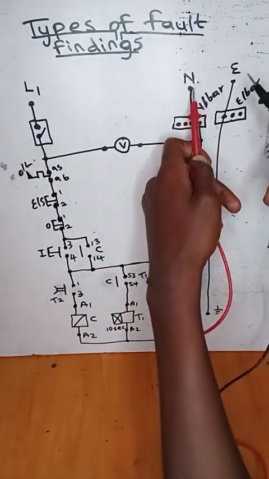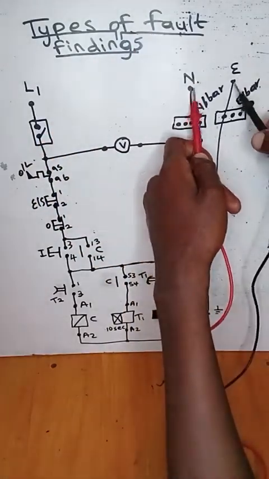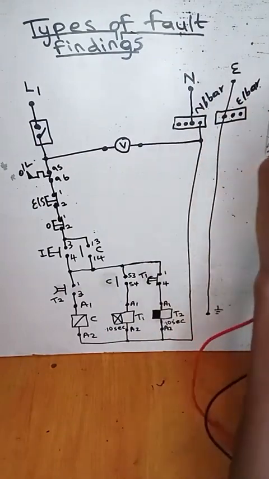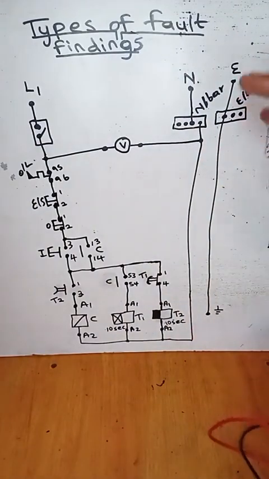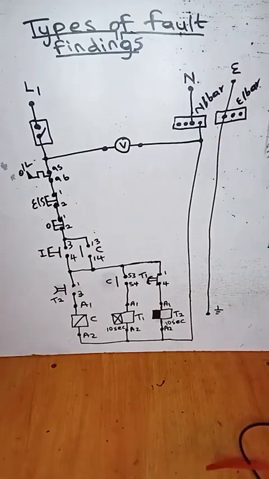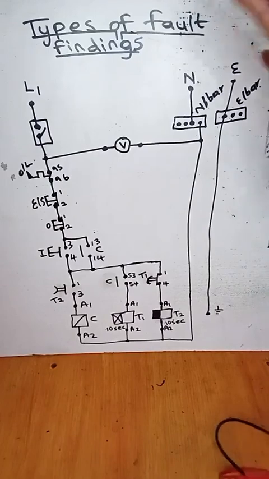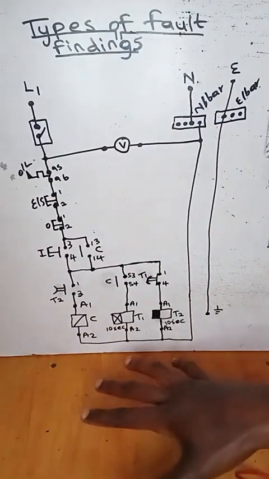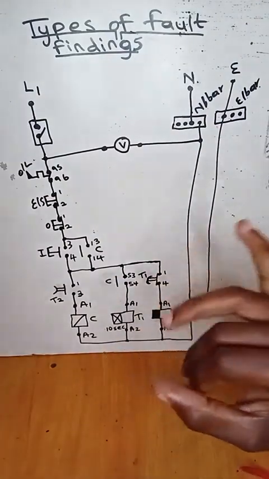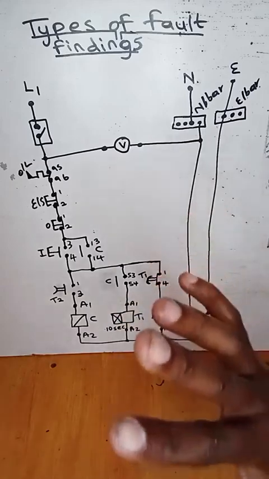And also you must check neutral and earth to check if they are connected, right? So we must confirm live 1, neutral and earth, from where the supply voltage starts to where it ends, right? To make sure that our live, our neutral, and our earth are not connected to each other, right?